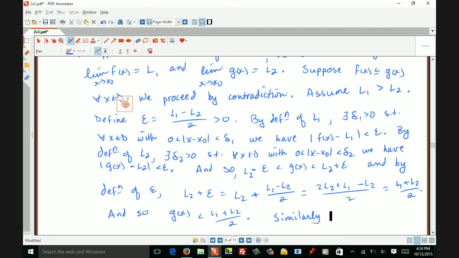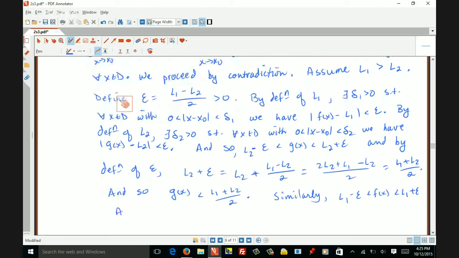Similarly, let's run through the steps. I'm going to have L1 minus epsilon is less than f of x is less than L1 plus epsilon. And L1 minus epsilon is equal to L1 minus L1 minus L2 over 2, which is 2L1 minus L1 plus L2 over 2, which is L1 plus L2 over 2.